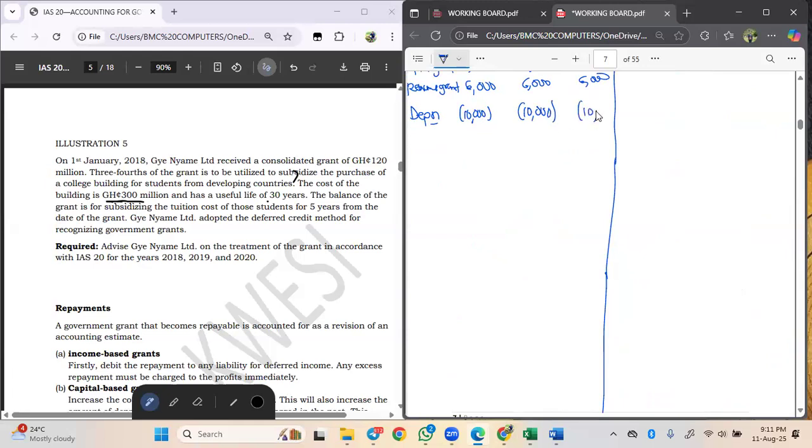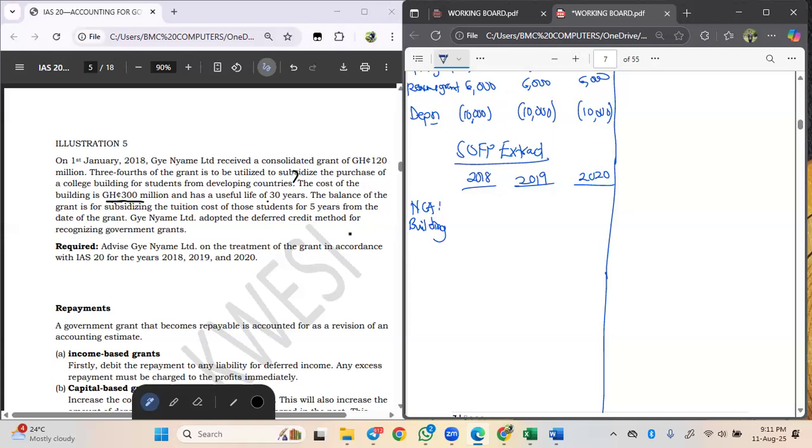So extracts, this is how you are going to do it. Let's look at the SOFP extracts. I want to see if you really understand what I'm teaching you today. So 2018, 2019, 2020. With the non-current assets, building.